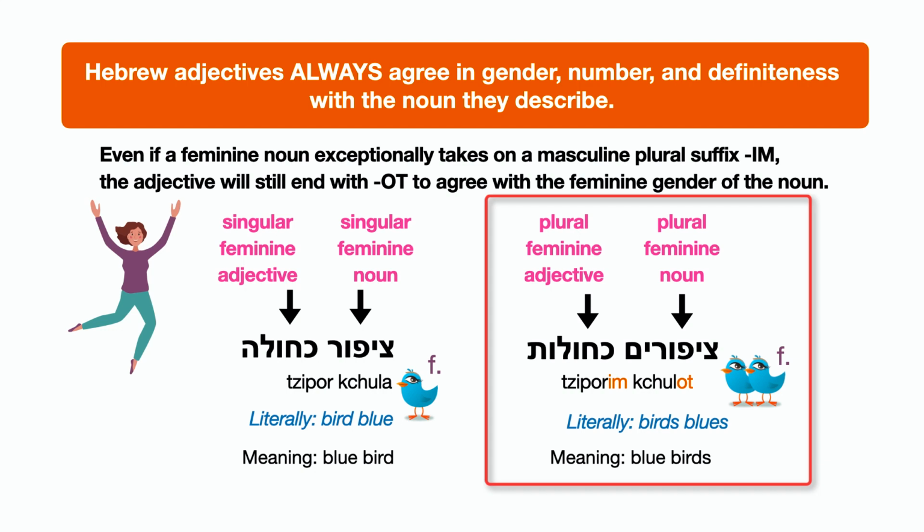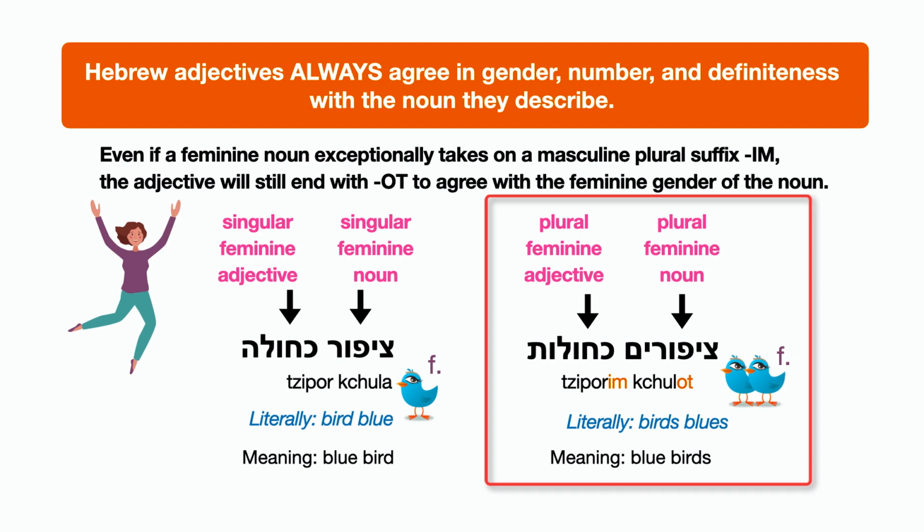We saw previously that tzipor does not follow the general rule of adding ot, even though it's a feminine noun. It adds im as a suffix, tziporim. But the adjective will ignore that. The adjective will say, oh, bird, tzipor, is a feminine noun, so I will make it plural by adding ot.